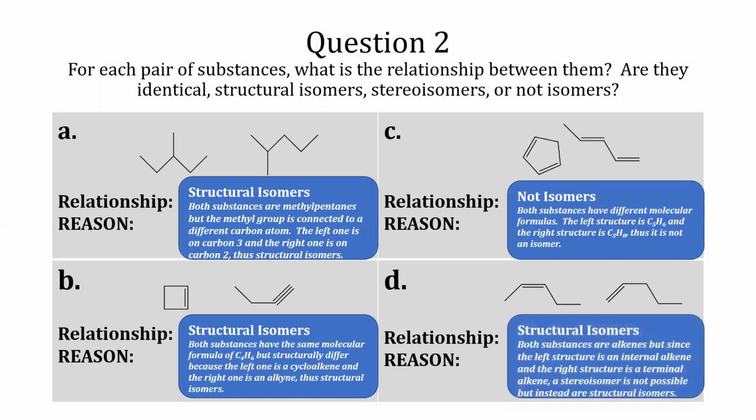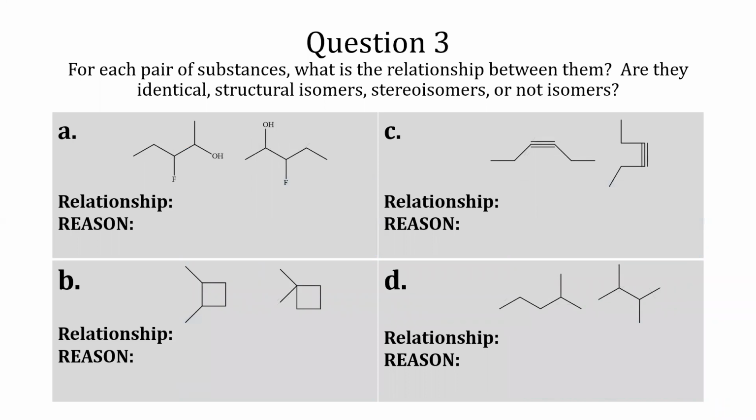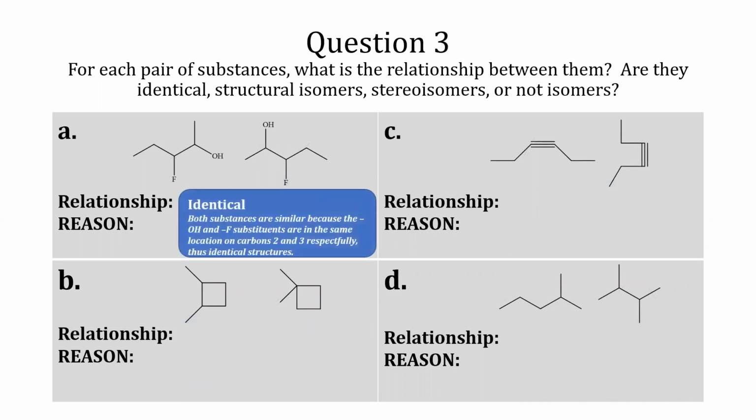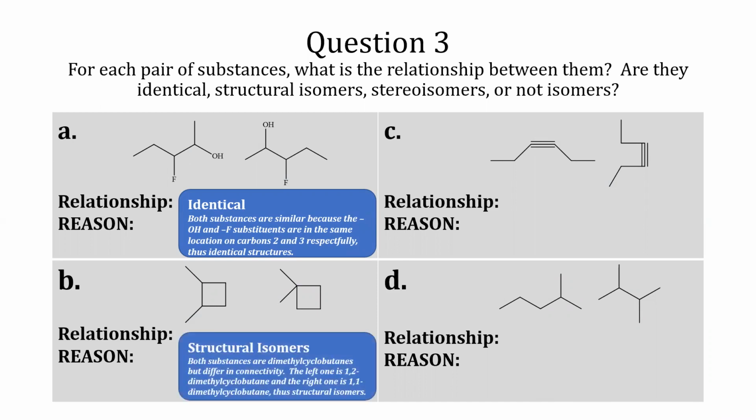2D are structural isomers because both substances are alkenes, but since the left structure is an internal alkene and the right structure is a terminal alkene, a stereoisomer is not possible, but instead are structural isomers. 3A are identical because both substances are similar because the OH and F substituents are in the same location on carbons 2 and 3 respectively, thus identical structures. 3B are structural isomers because both of them are dimethyl cyclobutanes but differ in connectivity.